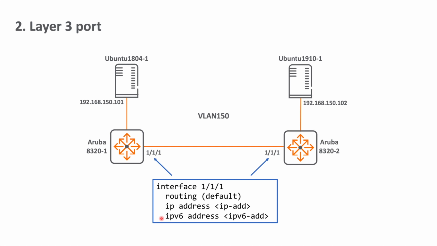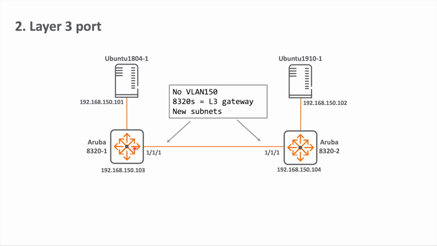Now, the thing about that is that now there's no VLAN 150 flowing across here. So we've essentially broken this broadcast domain. As you can see, no VLAN 150, so we've broken the end-to-end layer 2 between our Ubuntu clients. Now, 101 won't be able to ping 102, so we need to do a redesign. Essentially, the 8320s have become our layer 3 gateways, and that means that we need new subnets.